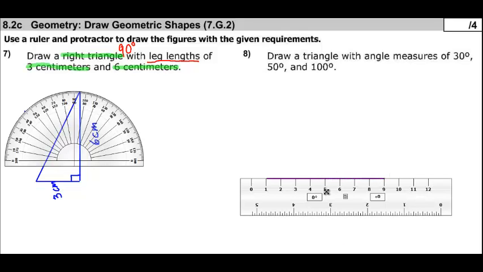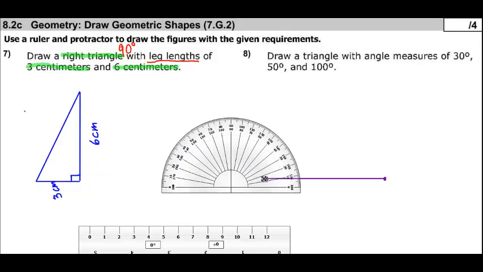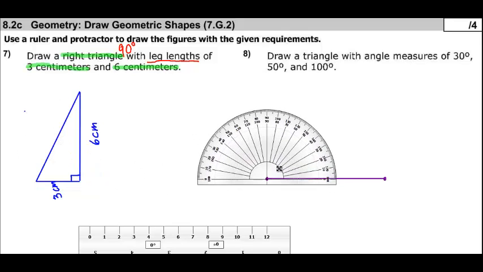I'll make my line that long. Get the ruler out of the way. I'm going to put a dot at each end of the line, and now I'm ready to size up my angles. So I center my protractor so that the line is beneath and it's on the dot. And in this case, we are asked for a 30-degree angle, a 50-degree angle, a 100-degree angle.